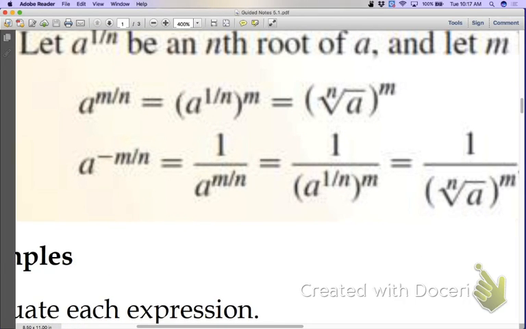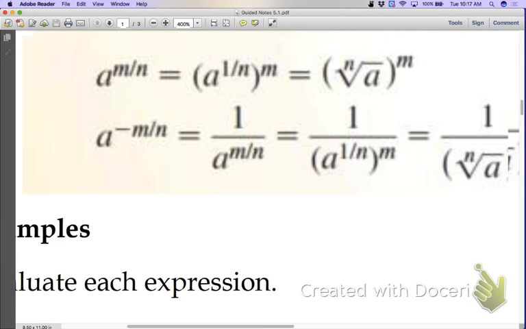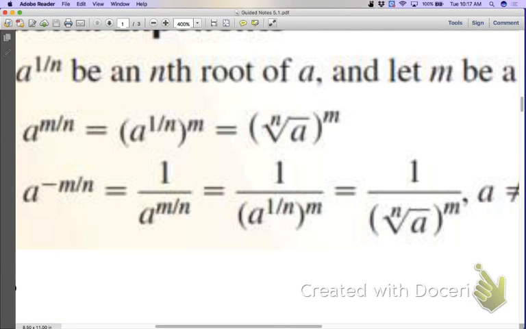Whatever your denominator is, that is going to be the root of your radical. I will be the first one to tell you, I skip this step, and I just immediately go from one to the other.